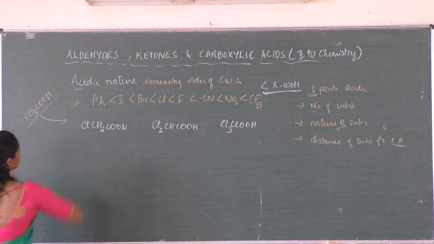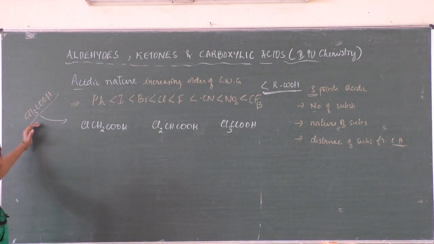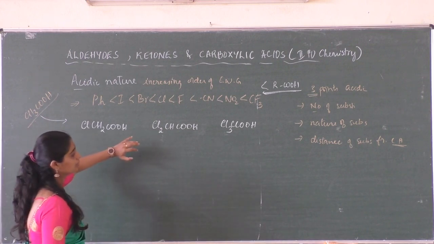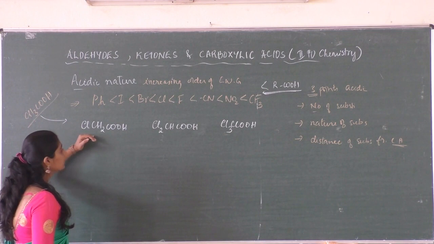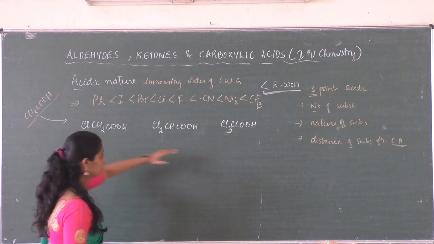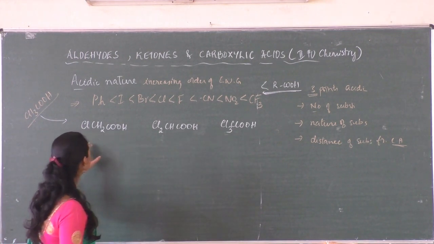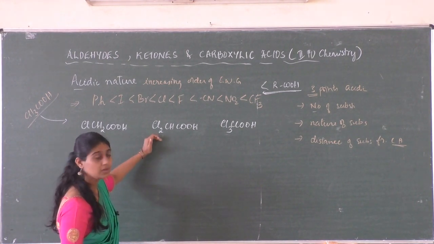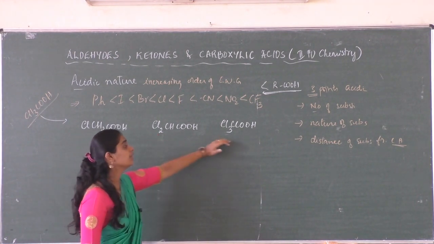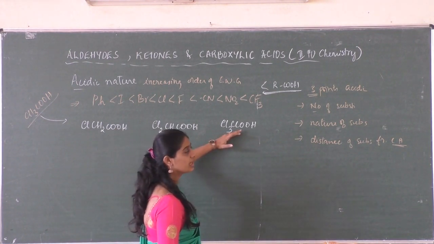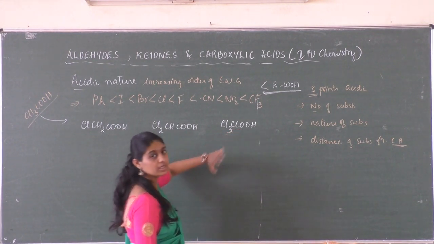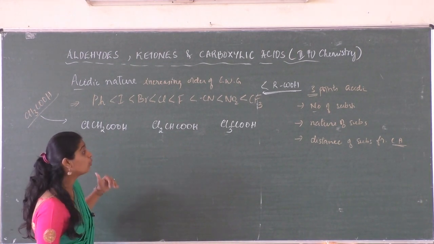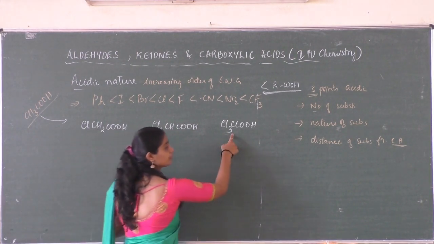So if I compare these compounds, that is number of substituent groups. If you consider 3 organic compounds, in the first one we have 1 chlorine atom, in the second we have 2 chlorine atoms, whereas in the third case all the hydrogen has been replaced by the 3 chlorine atoms. So the electron withdrawing group effect is more pronounced here.